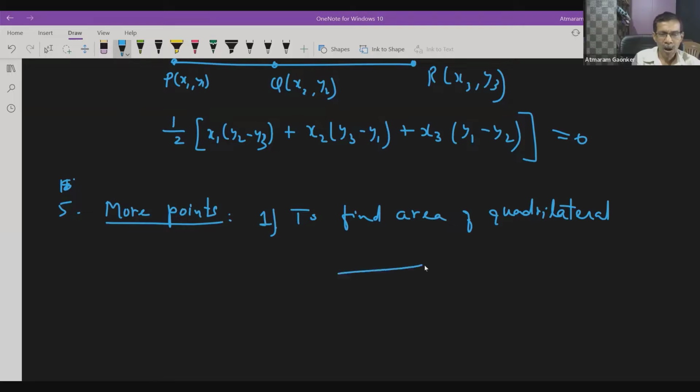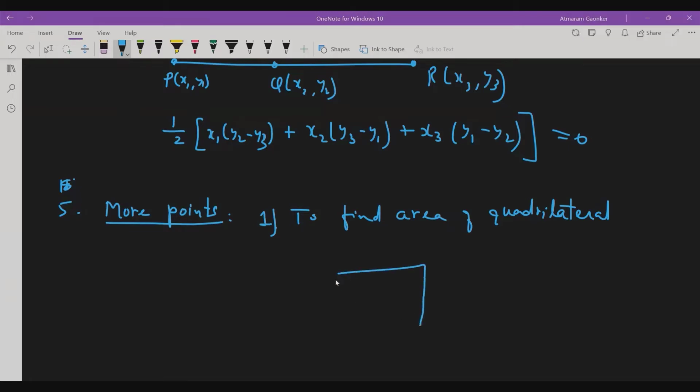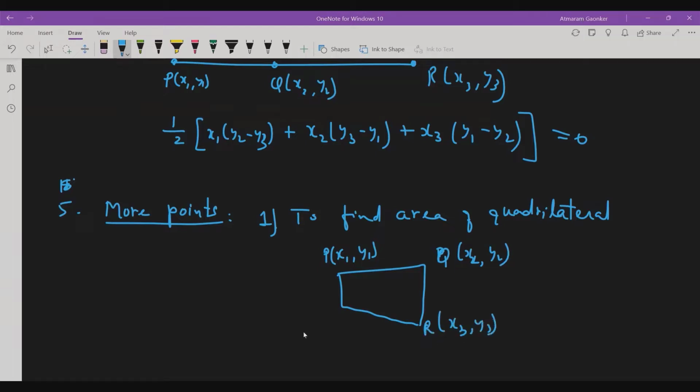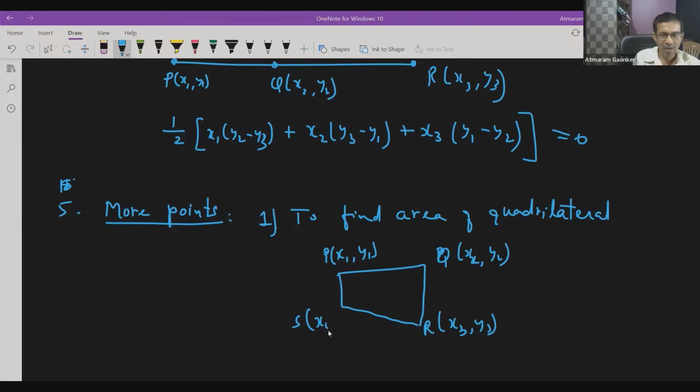So a quadrilateral may be of any shape. This is a quadrilateral. And these points P x1 comma y1 is given, Q x2 y2 is given, R x3 y3 is given, and S x4 y4 is given.